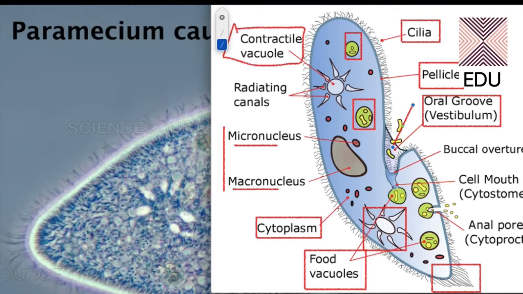And here you can see a particular pore called the anal pore. This can be considered the anus of the paramecium. In amoeba we don't have any kind of anal pore. It is also called the cytoproct. So this is the outpore of the paramecium.